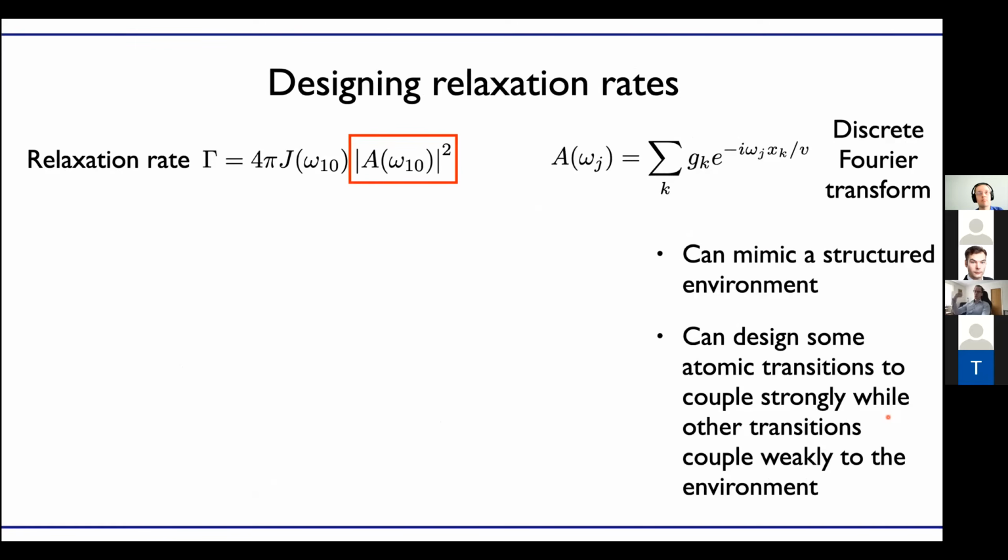And if you do the normal derivation for tracing out the modes of the transmission line to get the master equation for just the atom to describe its relaxation, you get the relaxation rate that depends on the density of states in the transmission line, and this factor, which depends on the coupling strength in each point, and then these phase factors.